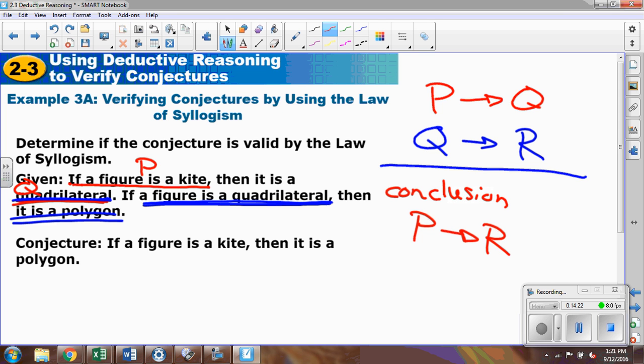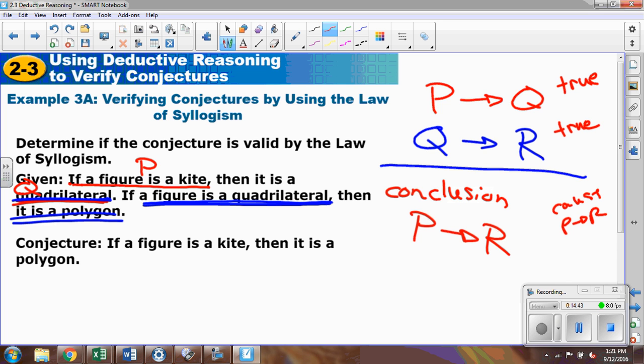As long as we still need to verify, were both of those true to begin with? Yeah. If both of them were true to begin with, then we would know that's going to cause P implies R to be true.